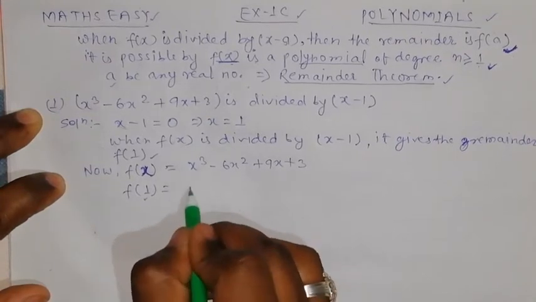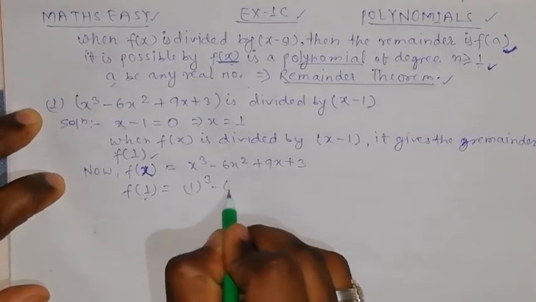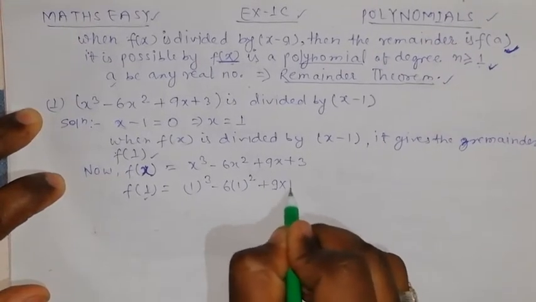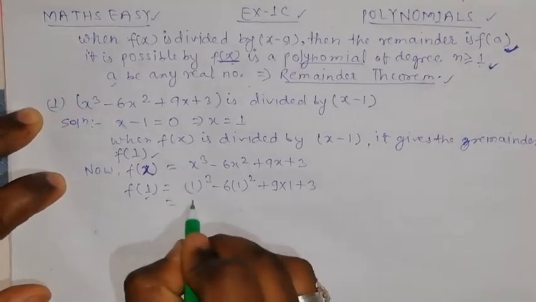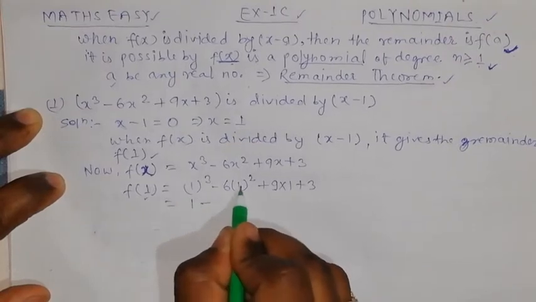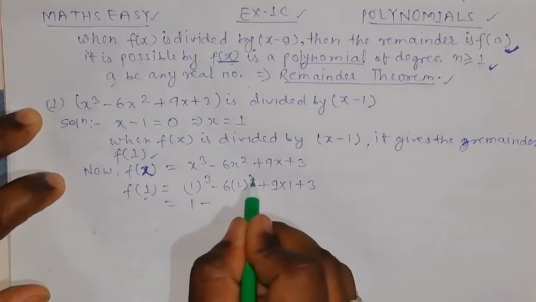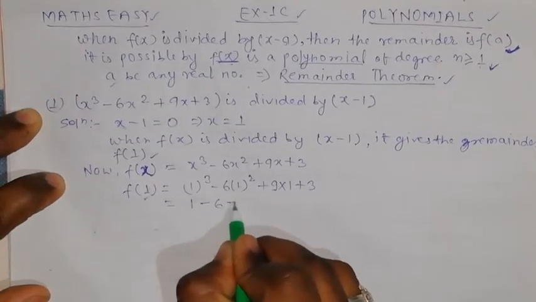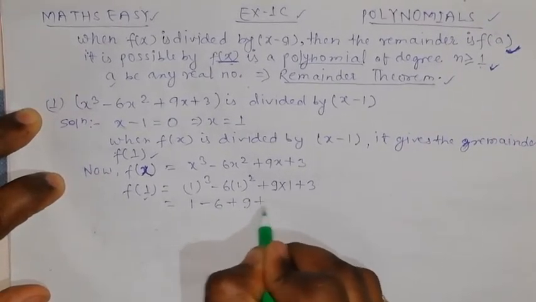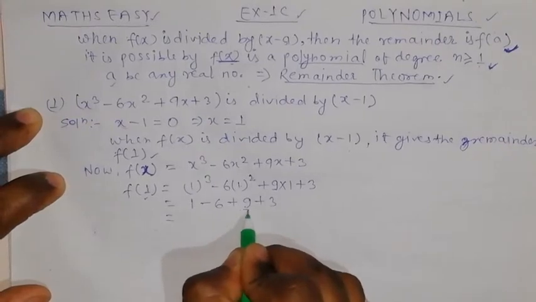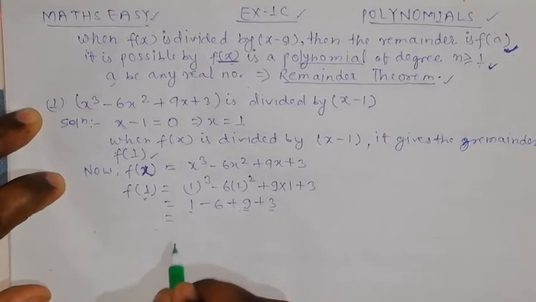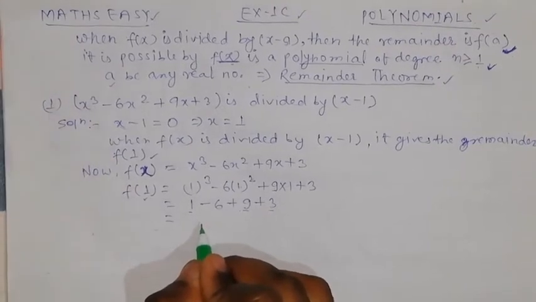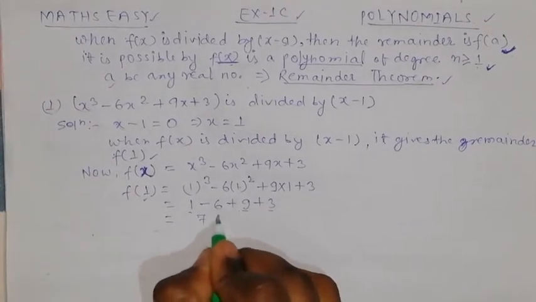Then 1 cube minus 6 into 1 square plus 9 into 1 plus 3, that equals 1 minus 6 plus 9 plus 3. 9 and 3 is 12, 12 and 1 is 13, and 13 minus 6 is 7.